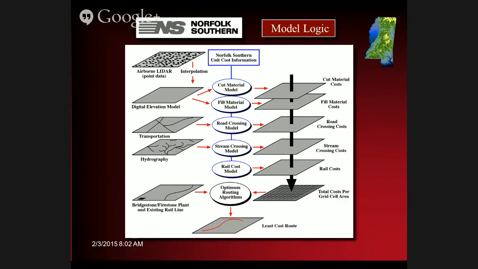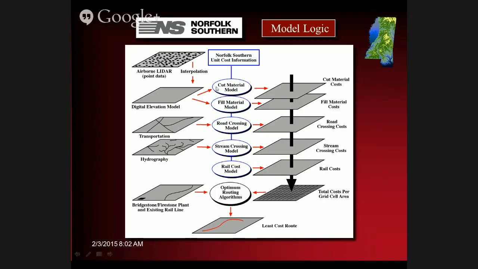But this is similar. So we have the original LiDAR data. We do interpolation to turn that into a digital elevation model. After we had the digital elevation model, there was each side, one of these circles. Traditionally, when we're doing Model Builder, that is one operation.